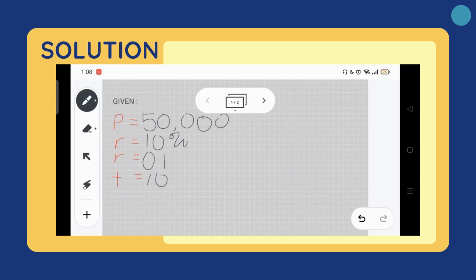The formula we will use is I_S equals PRT.